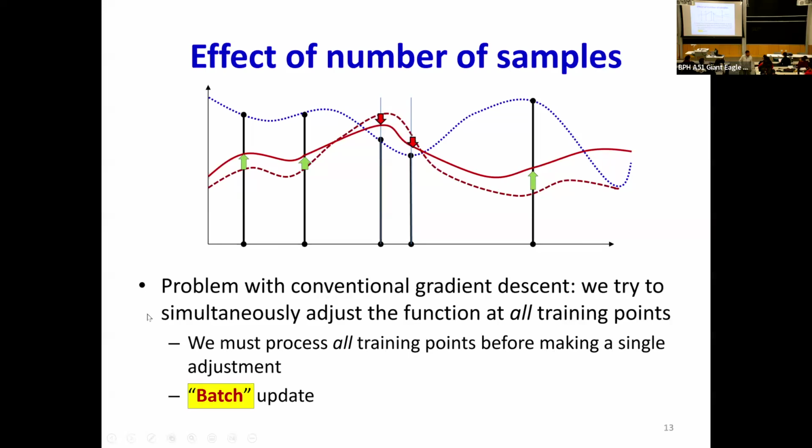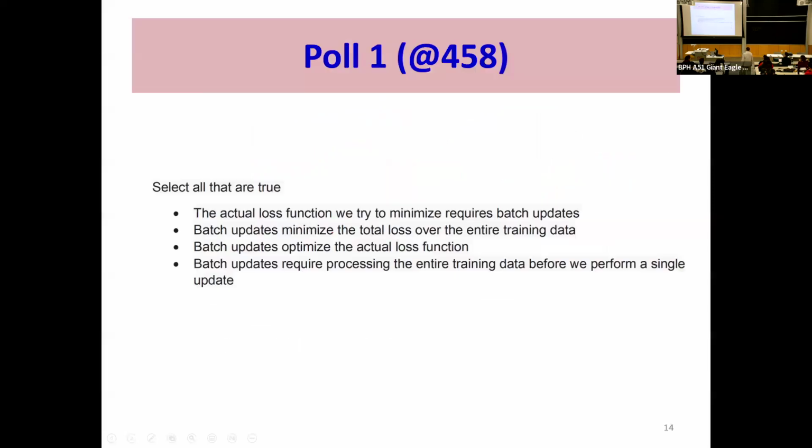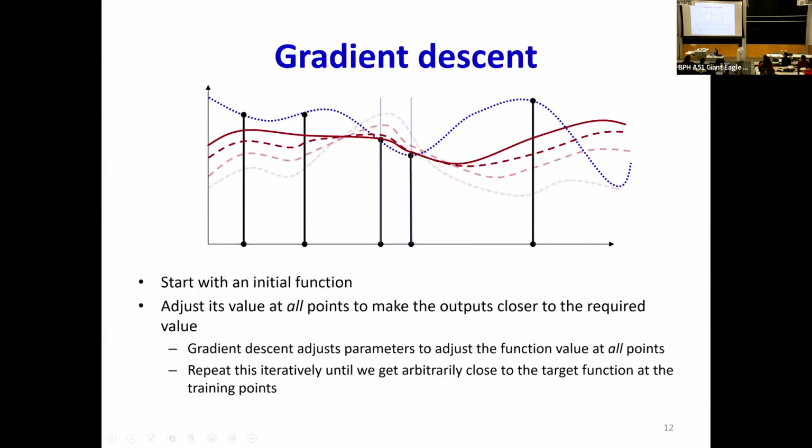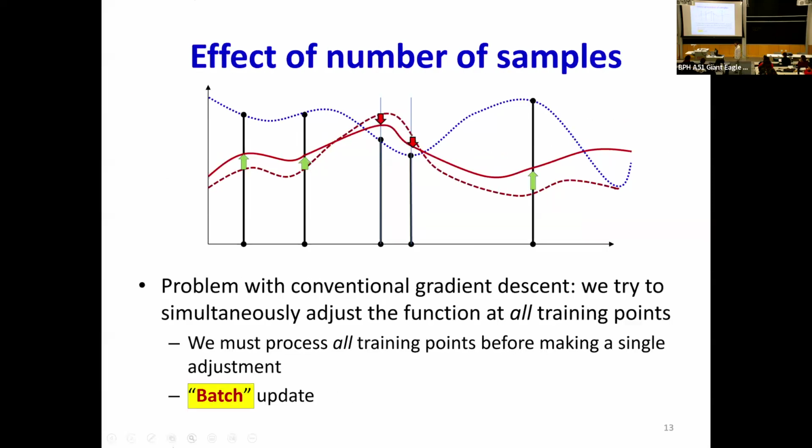It would just take a really long time to do. You'd have to evaluate this at every point, right? You must process all training points before making a single adjustment because you're finding the error at all of these points and adjusting all of them. And this is not a great thing to be doing. So that gives us our first poll.